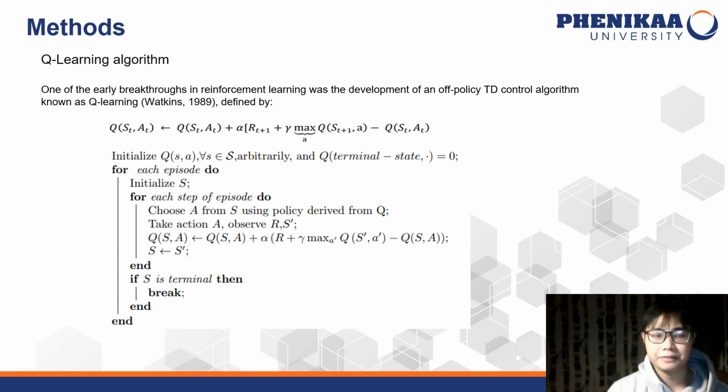For each step, we initialize the state, and with each step we also choose the action from the state space using the policy derived from Q, take action A, observe the reward and next state, and we use this algorithm and the function above. Then the next state becomes the current state.